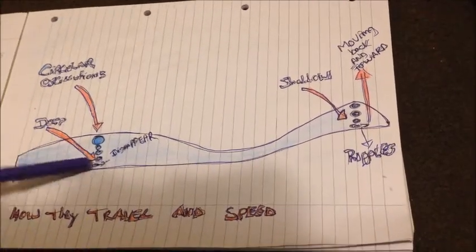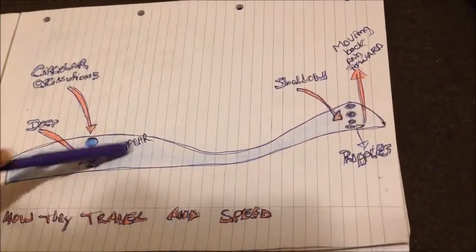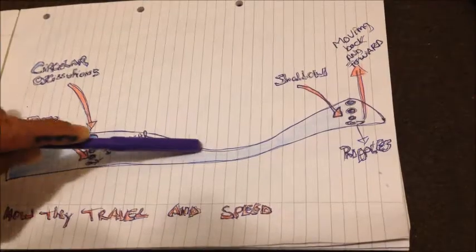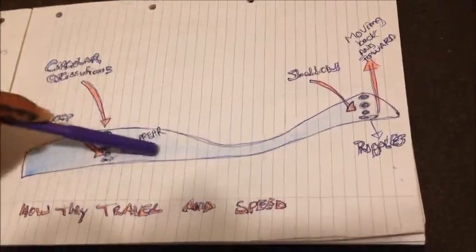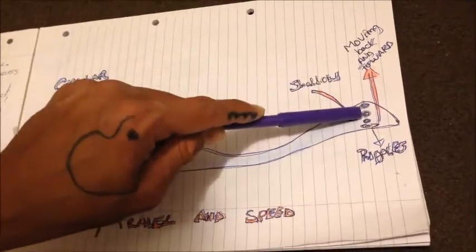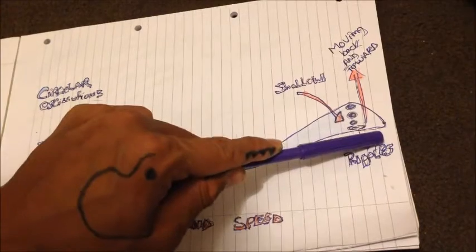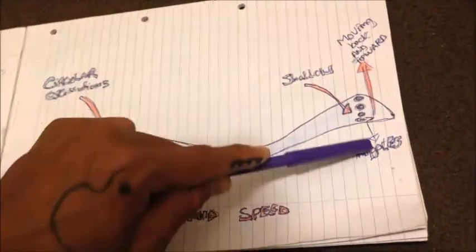As we go here, we can see the dip disappear. When the wave is getting close to shore, it becomes shallow. As we go here, the ripples go up and down, so this is the moving back and forward.